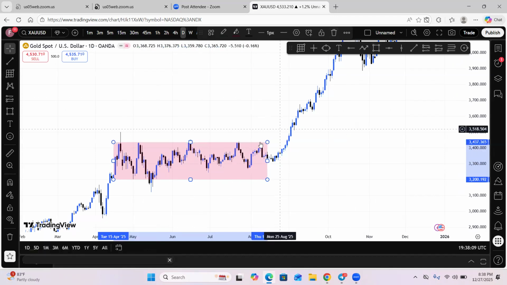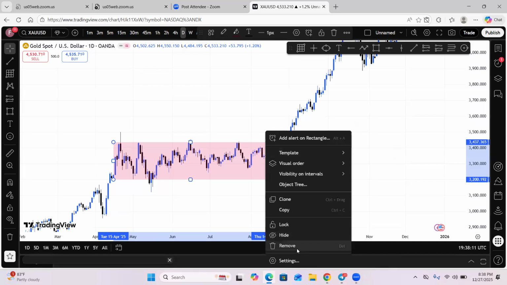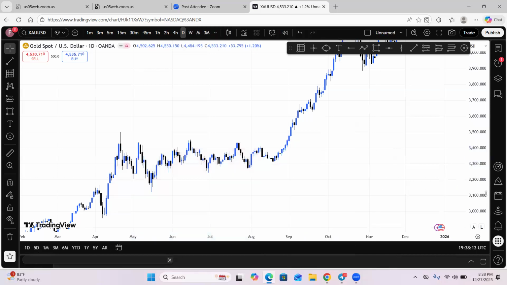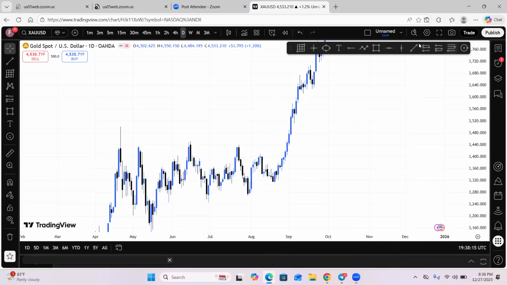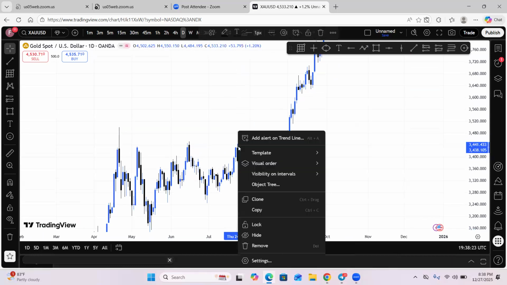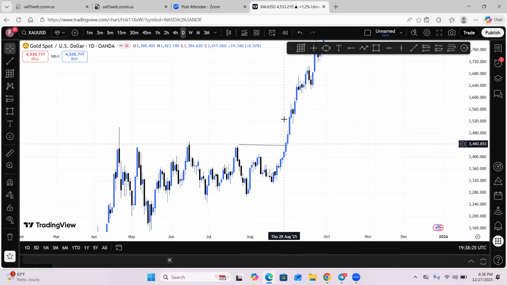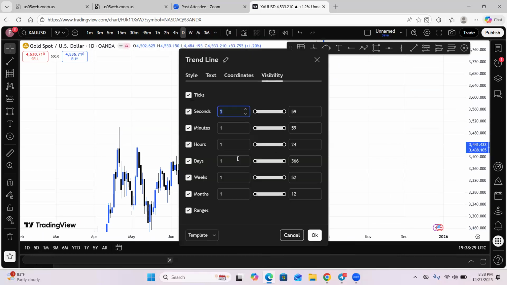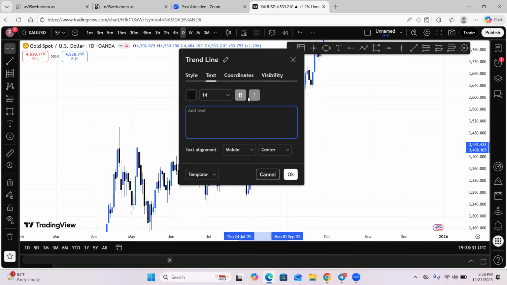So now, after this range, there was a breakout of this level. Price came and cleared this level, creating for us a break of structure.